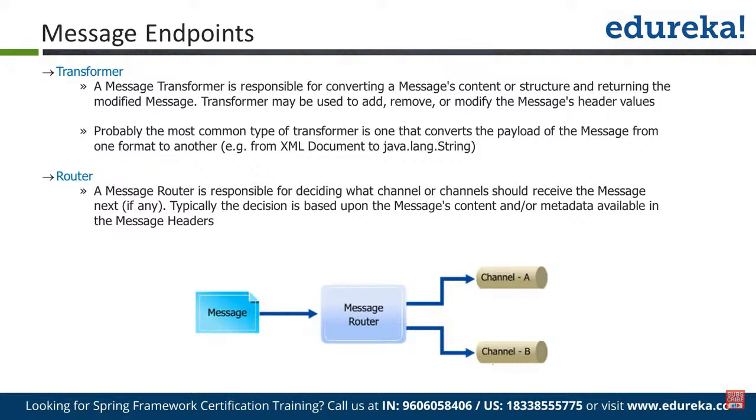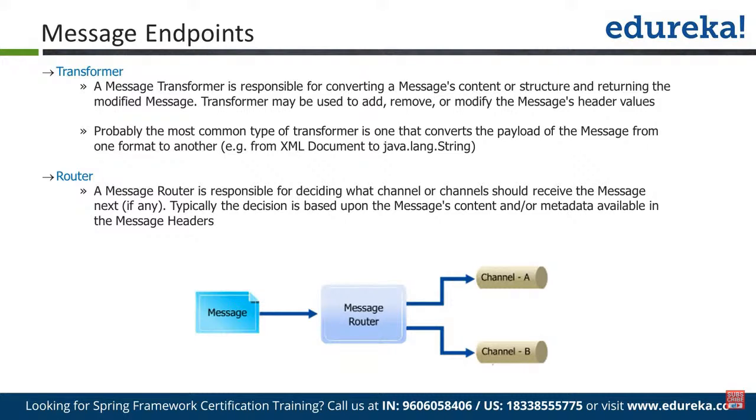Probably the most common type of transformer converts the payload of the message from one format to another, like XML to string, string to JSON, JSON to object, or object to JSON. These kinds of conversions you can do with the help of a transformer, which can transform your incoming messages.